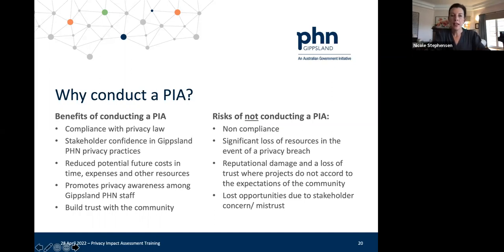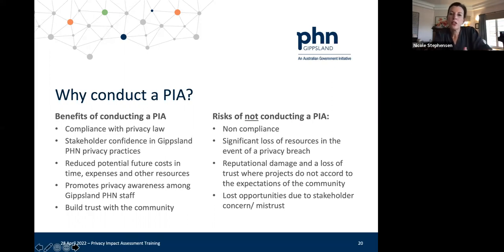And where that data is personal, it's particularly significant, right? We're not just talking about that. When we talk about privacy breach, we're talking about a failure to comply in a meaningful way with any of the privacy principles that relate to collection, use, storage, security, and disclosure of personal information.